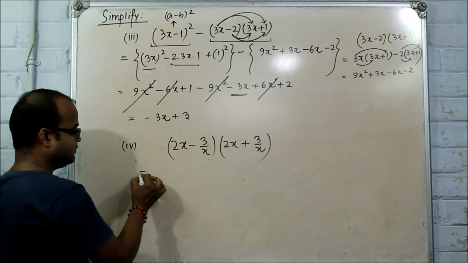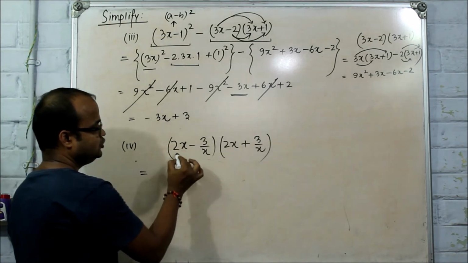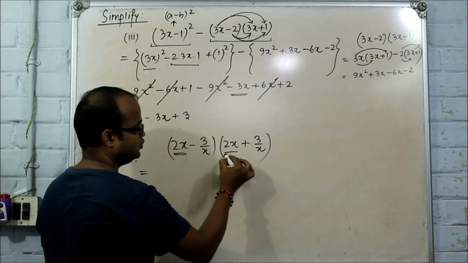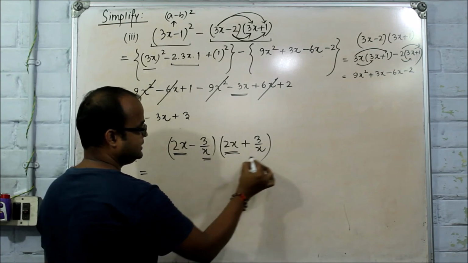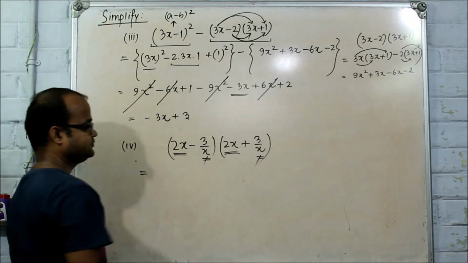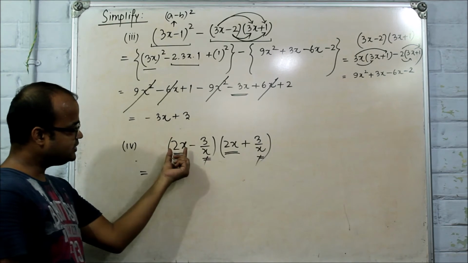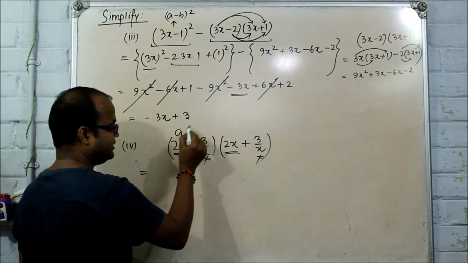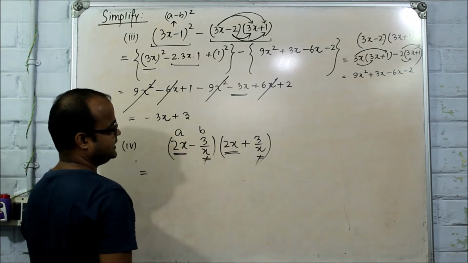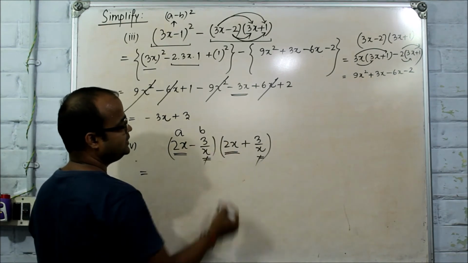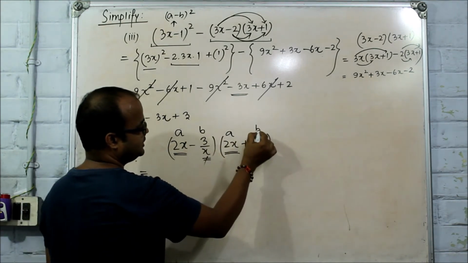Moving into the next problem, 2x minus 3 by x, 2x plus 3 by x. If you consider 2x as a and 3 by x as b, this is a minus b and this will be a plus b.